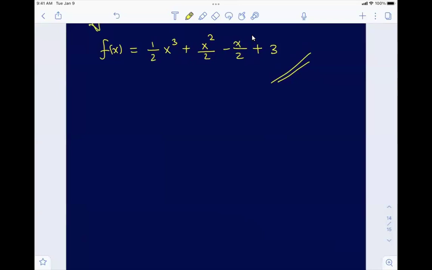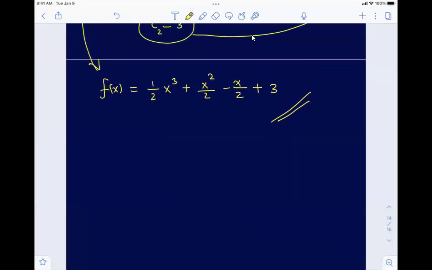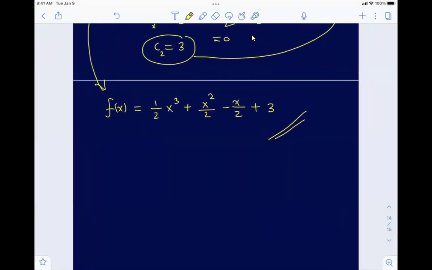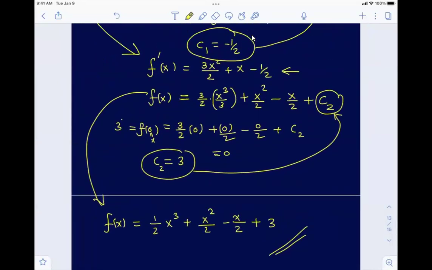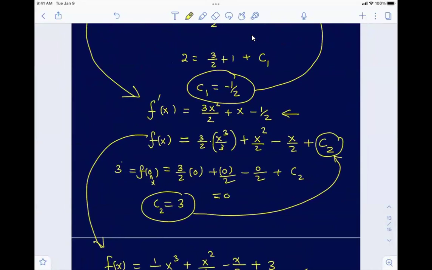So that brings us to the conclusion of this lesson. What we did here is to identify the next important component of calculus, the story of calculus.